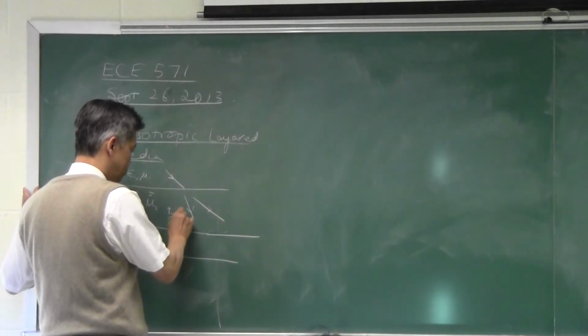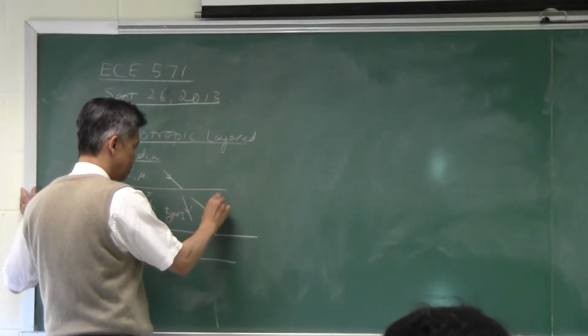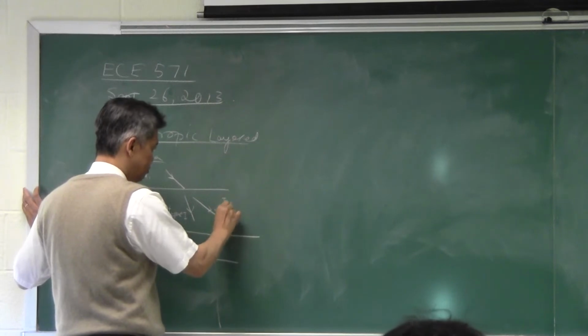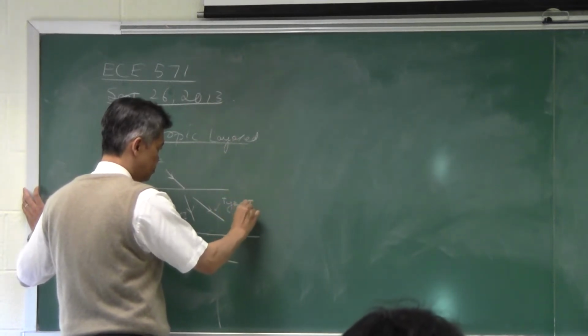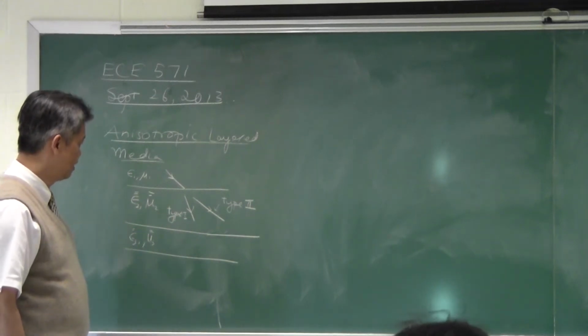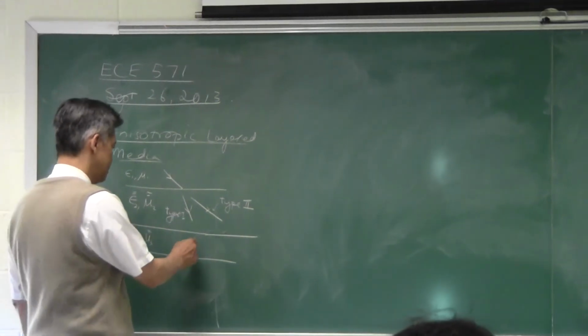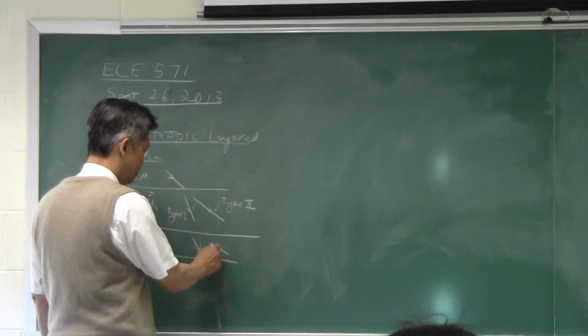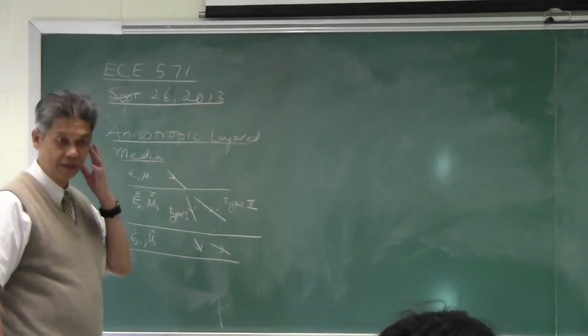For lack of a better name, we call them type 1 wave, and then type 2 wave. And they will have different angles, different k vectors as they propagate through this layered medium. And you can still match boundary condition and solve out this problem.